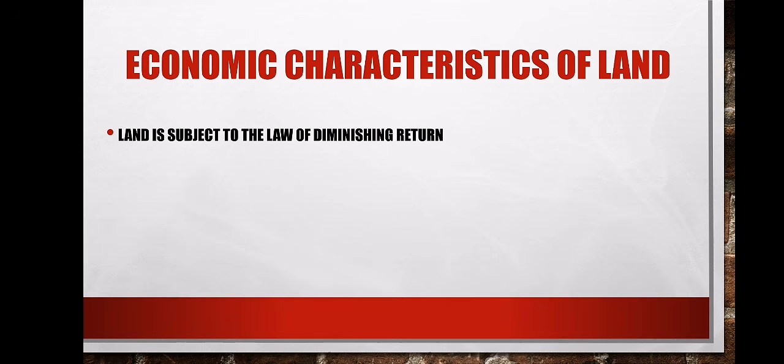They can use any yield, maybe maize yield or potato yield. But once you see that they used fertilizer, and an increase in the application of fertilizer is not proportional to the yield, you must know that they talk about land being subject to the law of diminishing return. Make sure that you take it.